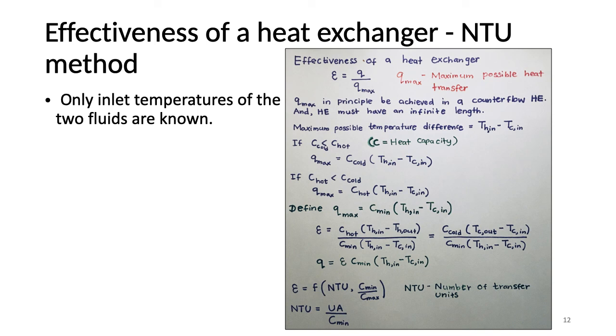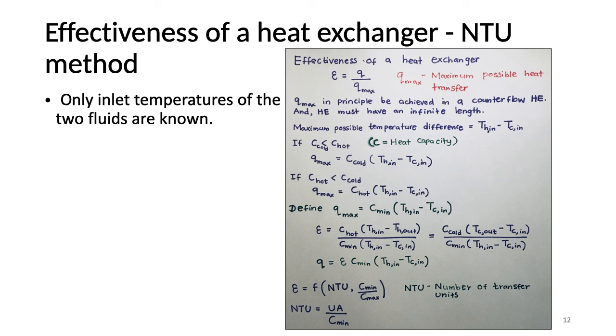NTU is defined as UA divided by C min. In order to determine the effectiveness of the heat exchanger, we need to derive the formula using NTU and C min over C max. Remember I told you that this method can be used to analyze the heat exchangers that we don't know the output temperature of each fluid.